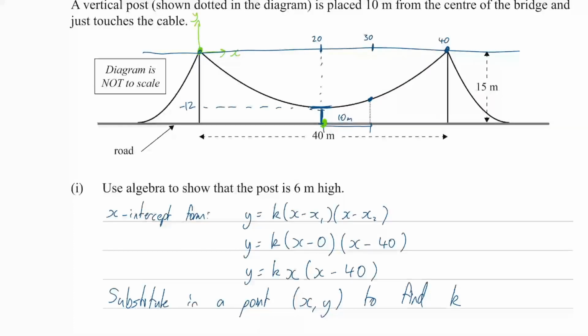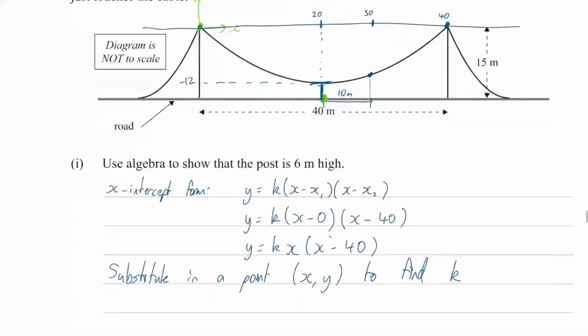We know the x-intercepts, but you'll find if we substitute in the x-intercepts, these go to 0. So that's useless, because we already used that information in constructing this equation. So we need a different point. The other point that we have is the vertex, so in our coordinates, it's 20 across and then 12 down.